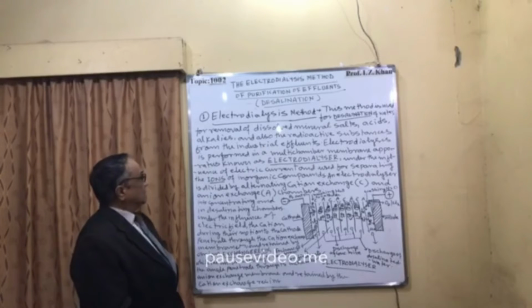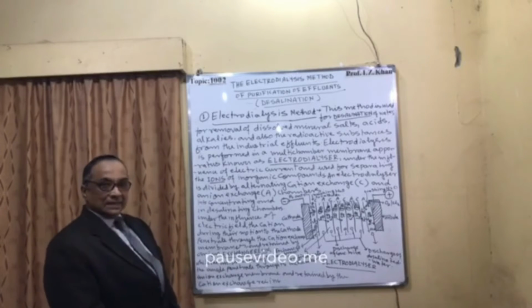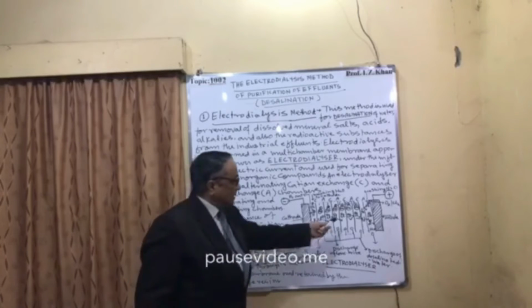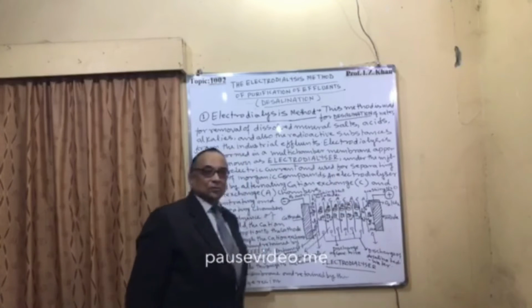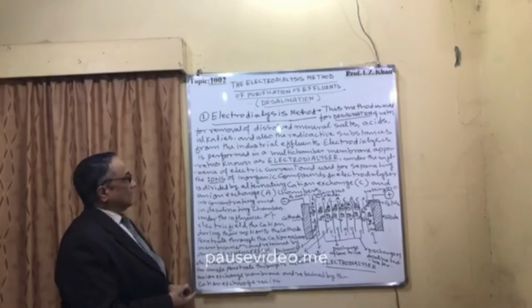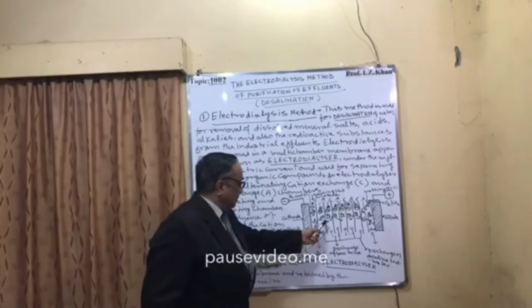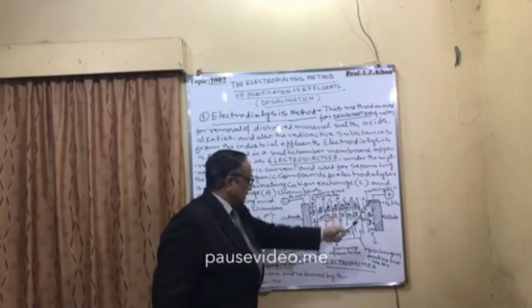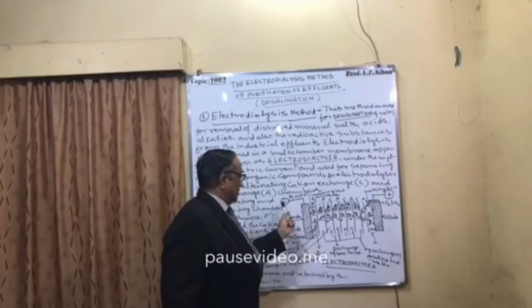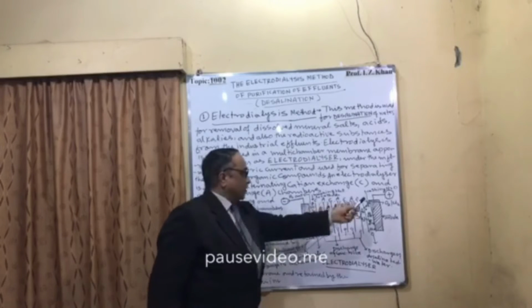Electrodialysis is performed in a multi-chamber membrane apparatus. It can go into 20 or 30 or 40 chambers, and the apparatus is joined with the cathode and anode.